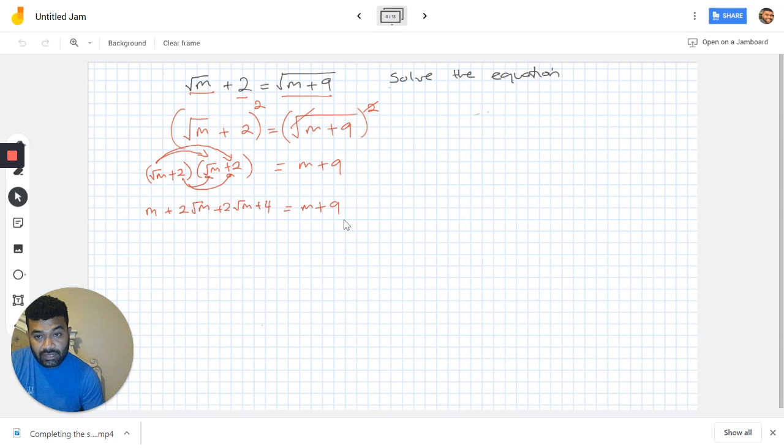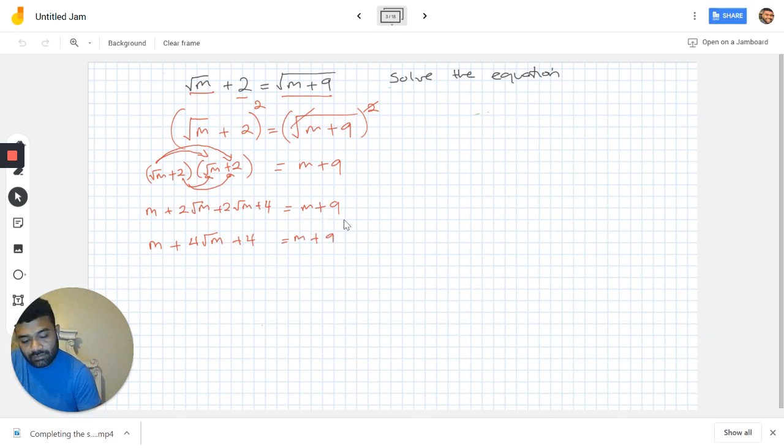Now I've distributed the left side of the equation. So I have m plus 2 plus 2 gives me 4 root of m plus 4 is equal to m plus 9.